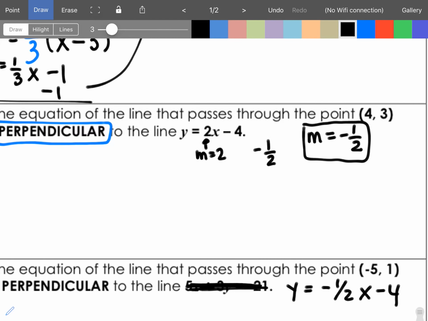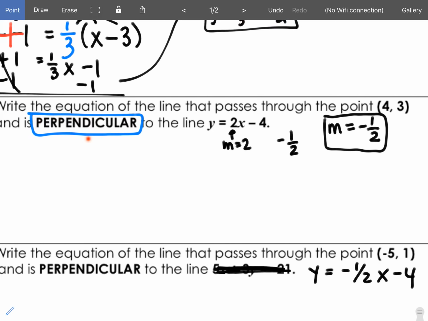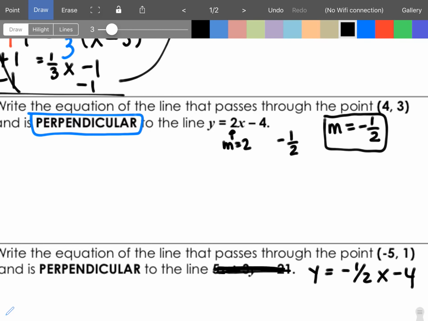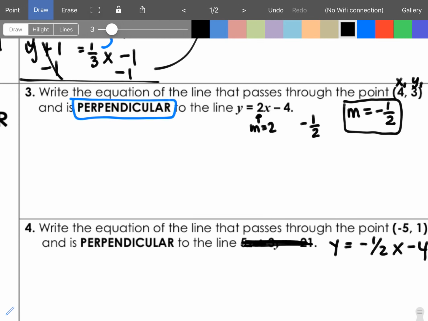So I know it tells me perpendicular to this line. Well, this slope is 2. A perpendicular slope is -1/2. Remember, it's the negative and then reciprocal, which is 1/2. And then we're going to use this point. So we're still going to use x1, y1, and now we're going to do the exact same thing.